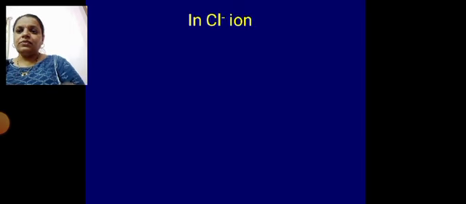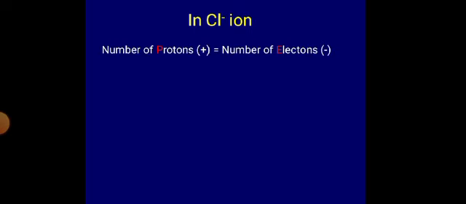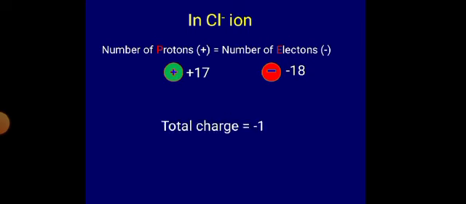But in the case of the chloride ion, the total number of protons is plus 17. And what about the electrons? It has gained one electron, so the number of electrons is 18. Now the total charge is minus 1 and it appears on the chloride ion. Did we get that? Okay.